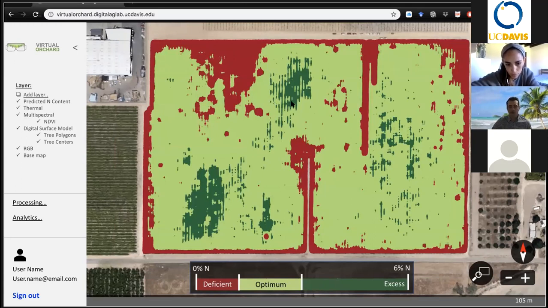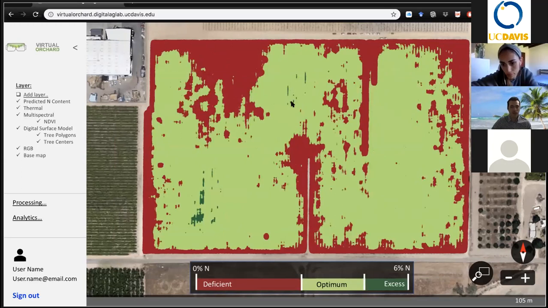If you want to be a little bit conservative, to make sure that all vines receive enough nitrogen, you can change these bars to the right. So that shows more area that might be deficient. I think this will be very good information for the growers during the season.